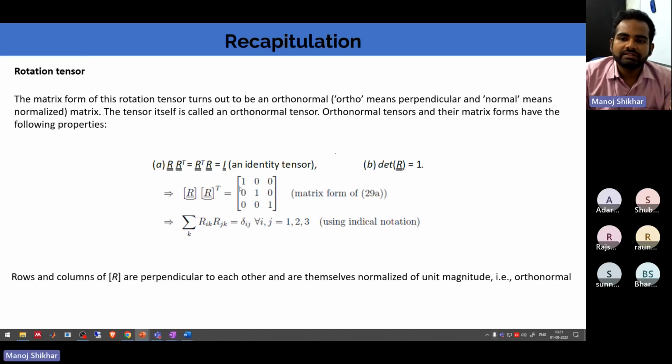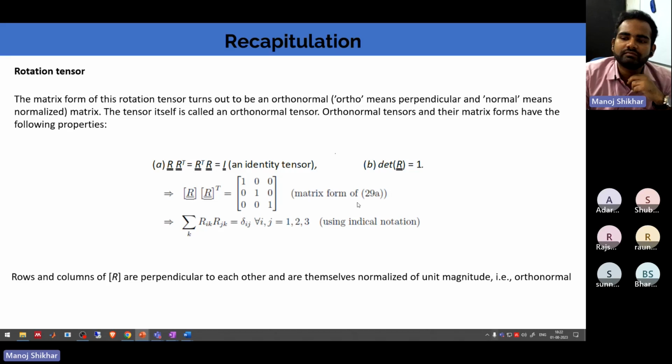For example, you can see this 1 0 0. The magnitude of this column will be 1. Same goes with this and with this. Of course, this is the identity tensor. This means unit, there is no rotation.